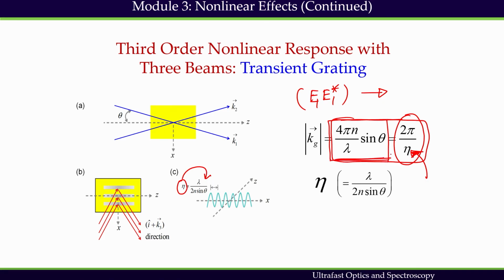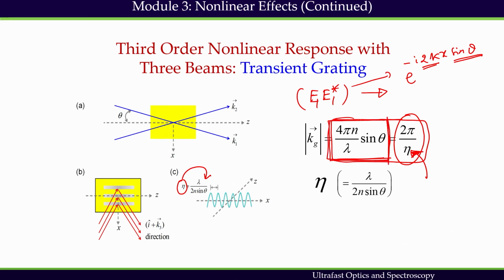The calculation shows that the final expression for this field depends on minus i 2k x sine theta, right? So from here we can say that the wave vector is going to be this one, 2k sine theta. This is the wave vector, and that's exactly what we have written here.